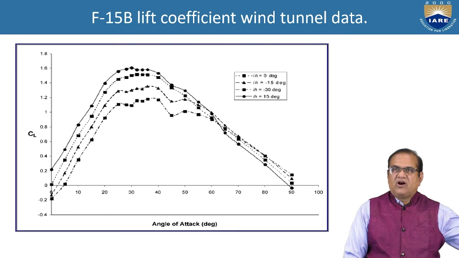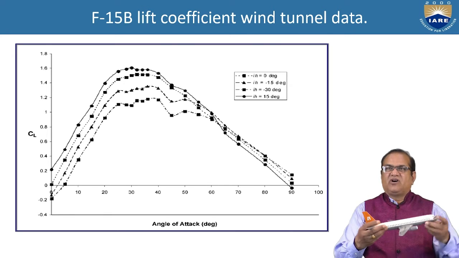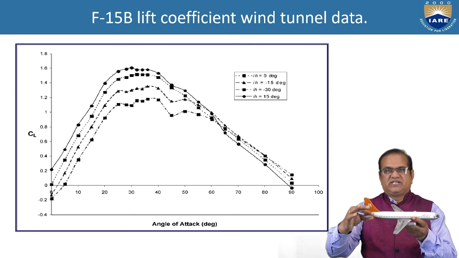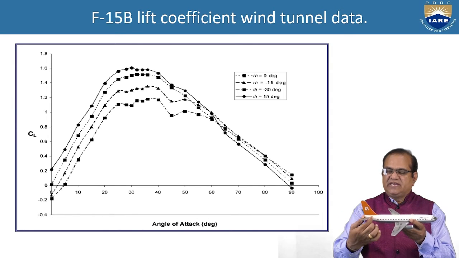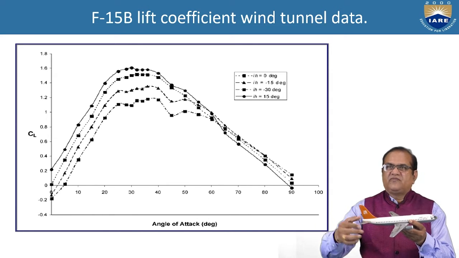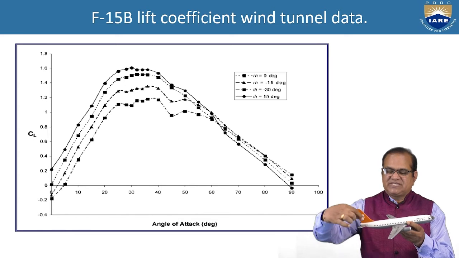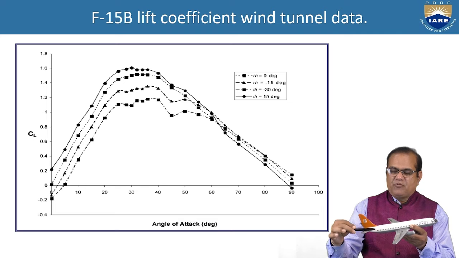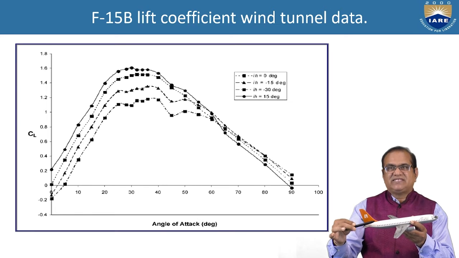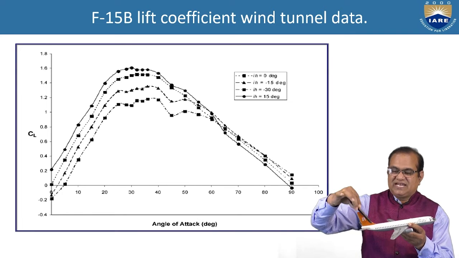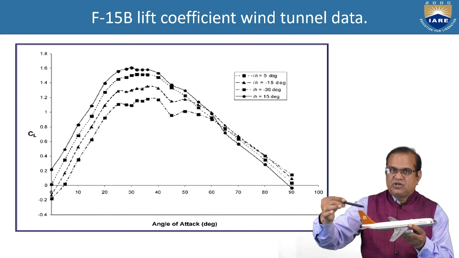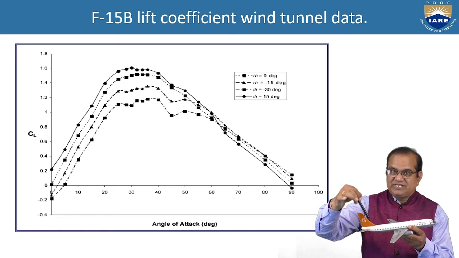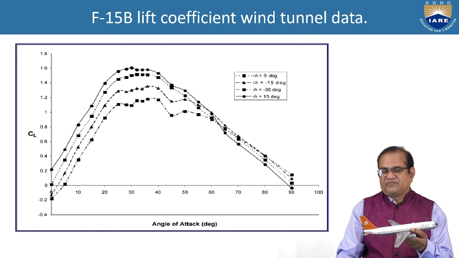Once we talk about this incidence of the horizontal tail, so this is the horizontal tail, and if we make it positive, this leading edge should be upward like this. If it is like this, it is positive, and if it is like this, the leading edge is towards the bottom side, or the nose of this is going down, then it is negative.